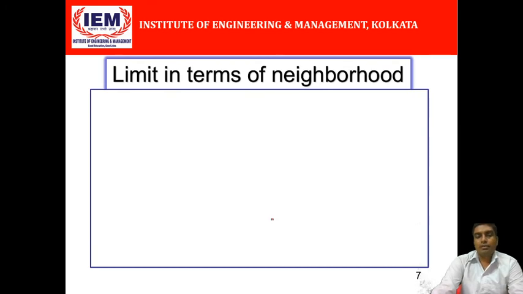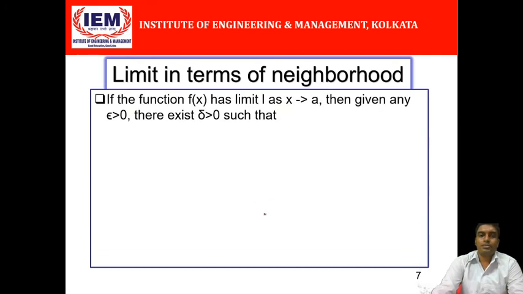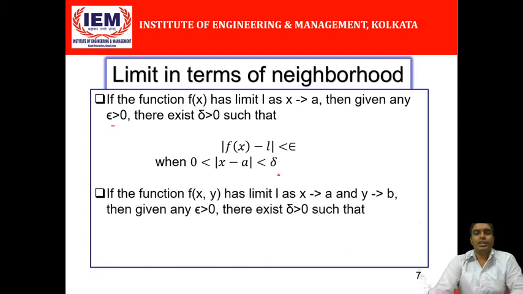Now, in terms of neighborhood, we also know for the single variable that f(x) has limit L as x tends to a if, for any given epsilon greater than 0, there exists a delta greater than 0 such that mod of f(x) minus L is less than epsilon whenever 0 is less than mod of x minus a, less than delta. Similarly, we can have a definition for multiple variables, where the function f(x, y) has limit L as x tends to a, y tends to b.